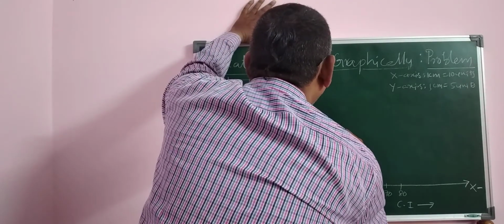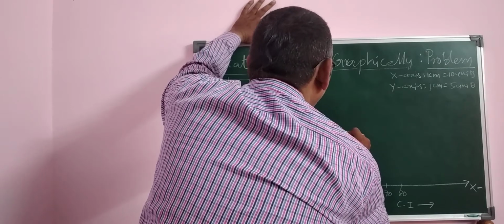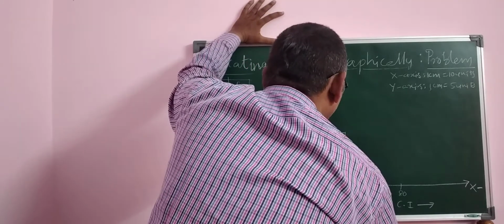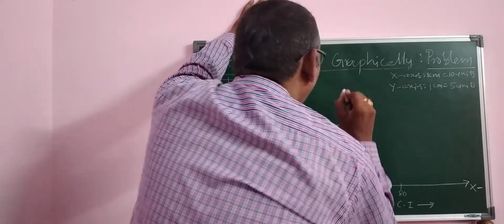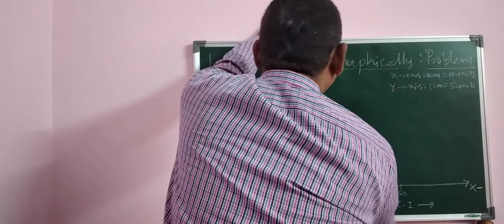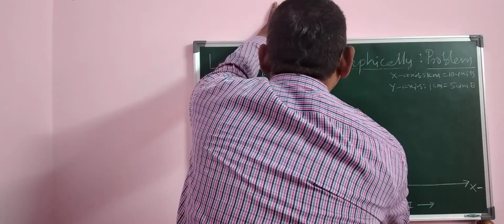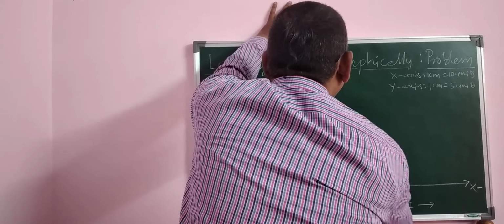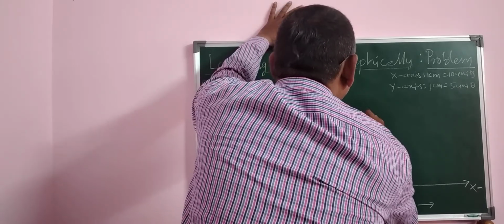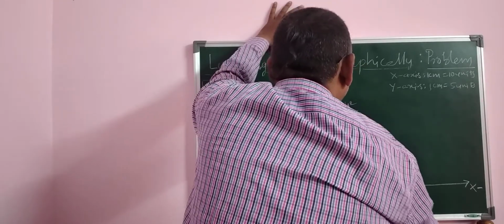So after 28 you take the point here, and then 40 to 50 it is 42. This is the highest value, probably, so I am drawing 42 here.